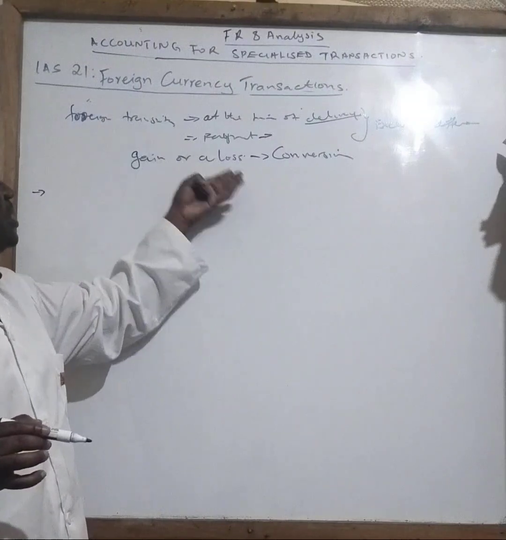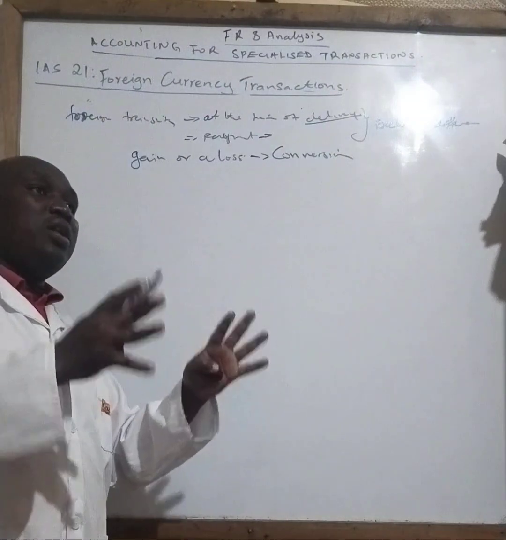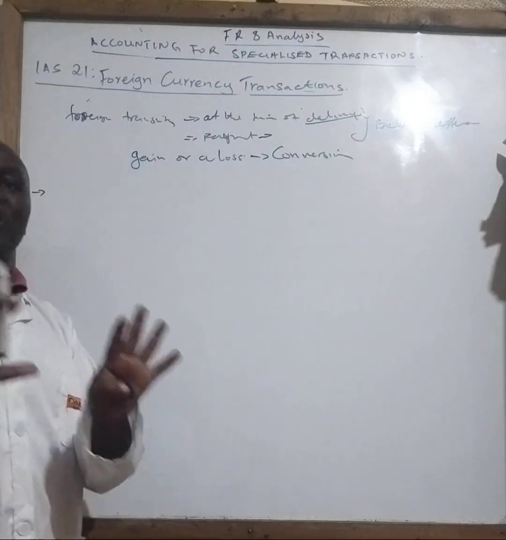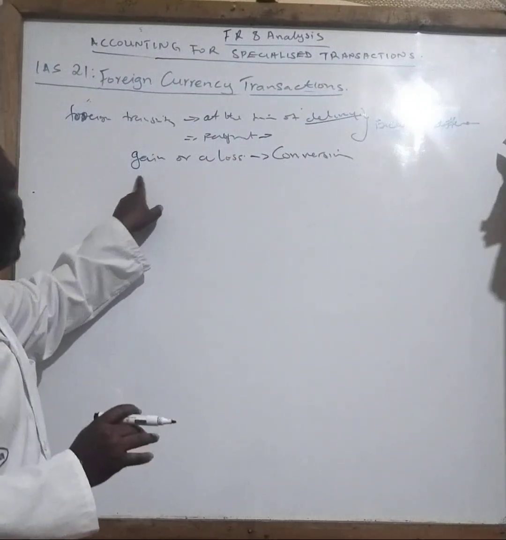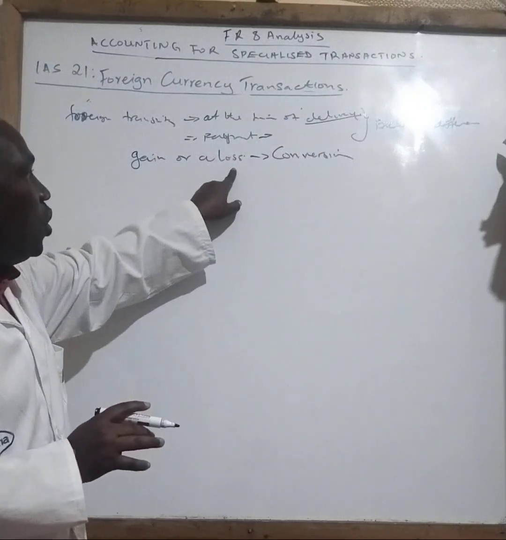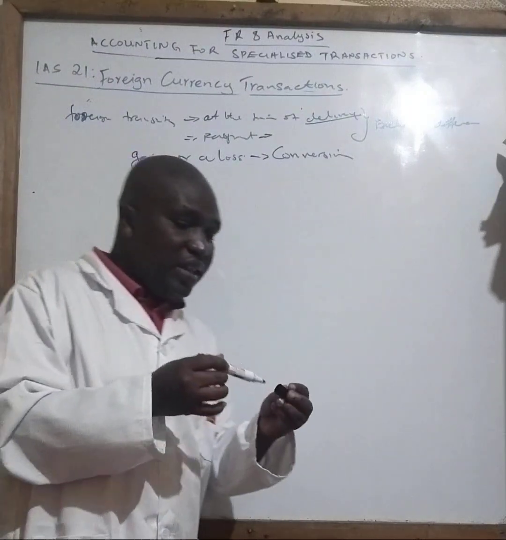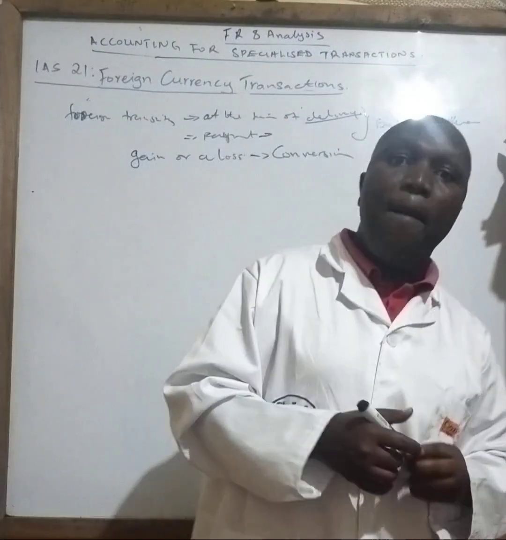Then after the transaction, translate that transaction into local or functional currency. From functional currency, you come now to translation. So therefore, I'm very interested in the gain or loss. And we have said gain or loss arises where the exchange rate at the time of transaction is different from the exchange rate at the time of payment.